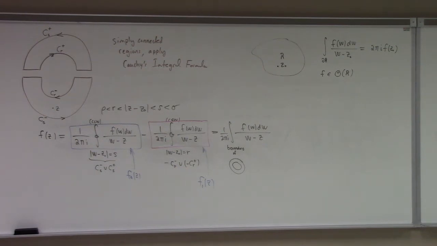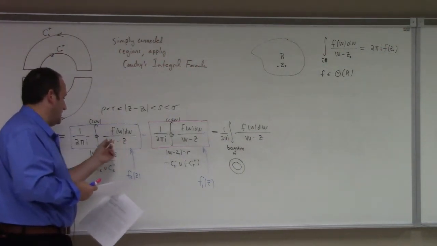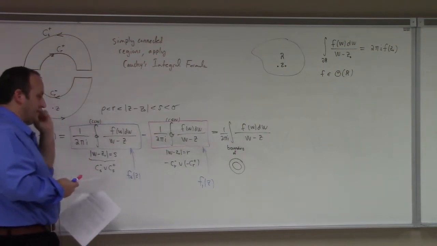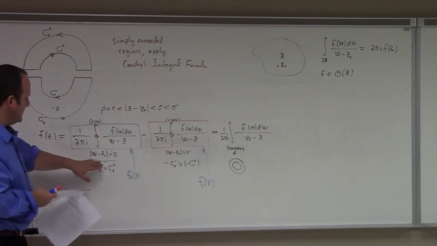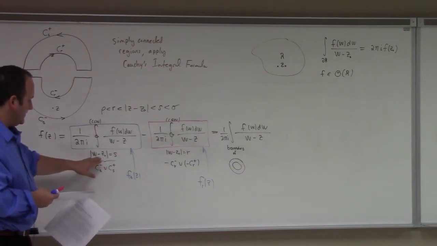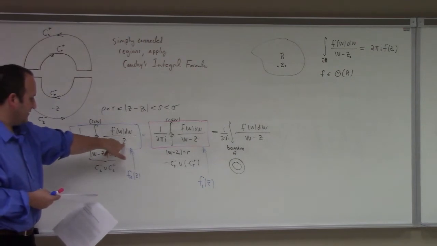I suppose it's because for |z minus z naught| less than s, we don't get division by 0 here.